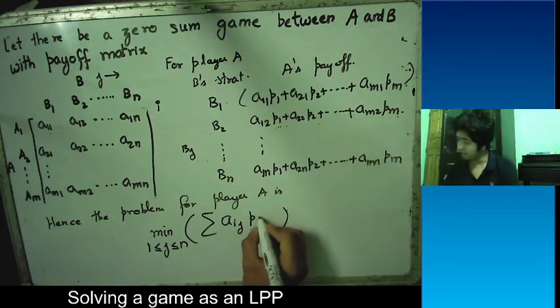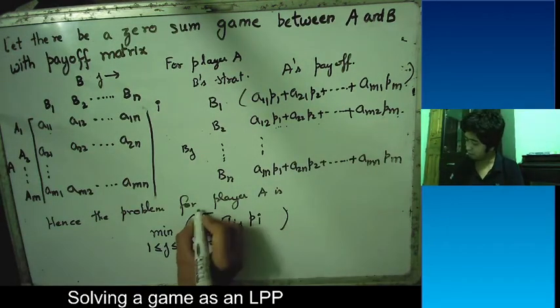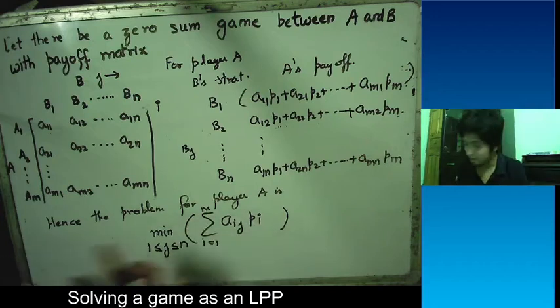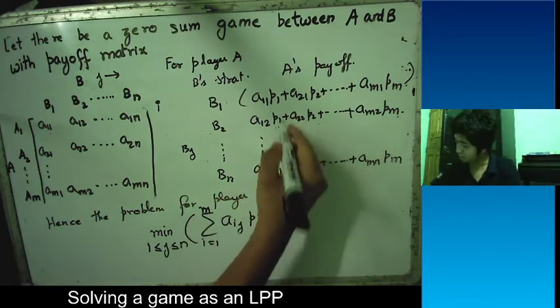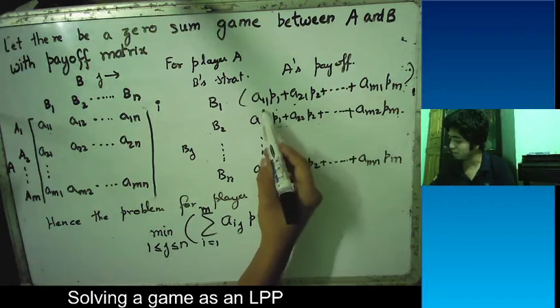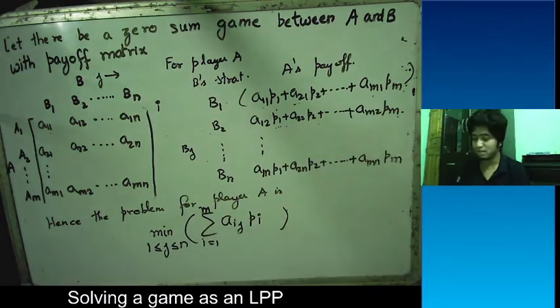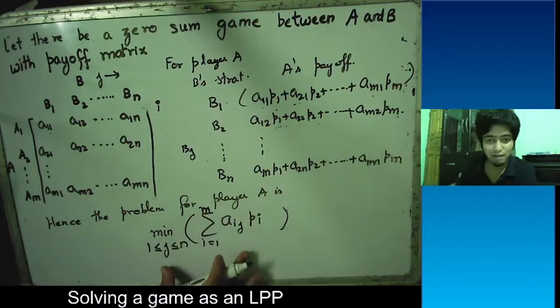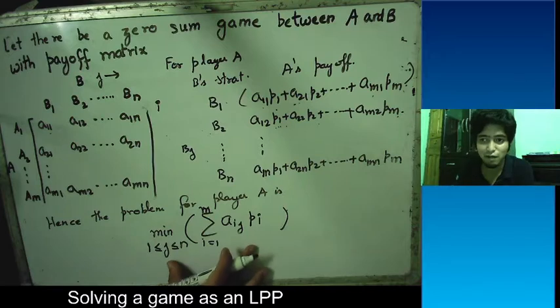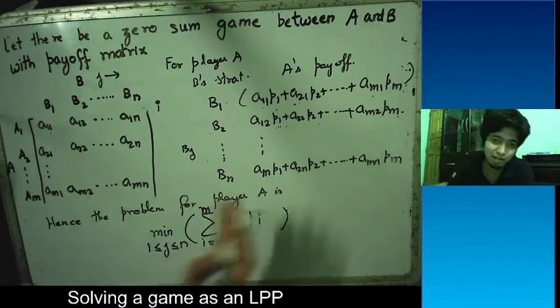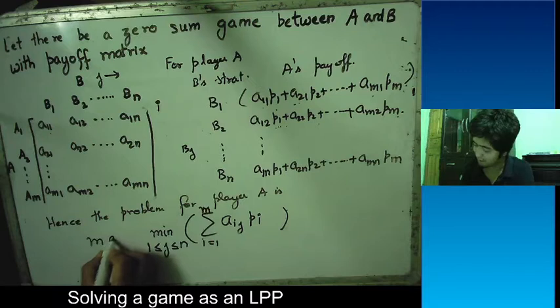So the summation of Aij Pi, i equal 1 up to m, because the probabilities go from 1 up to m. So the problem for player A: he first finds out the least payoff that he is guaranteed. What will he try to do next? He will try to maximize it.